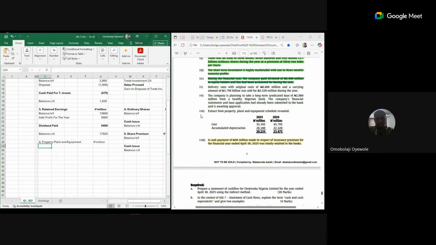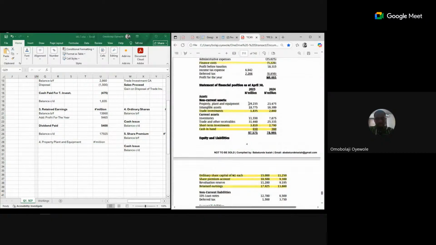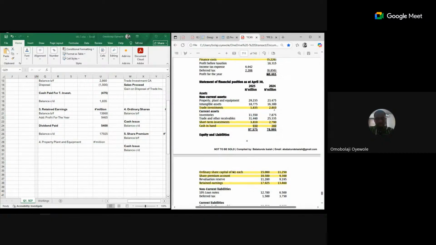Now, if you see what they did here, this is an extract from the PPE schedule, to tell us how this PPE was arrived at. So the opening balance of PPE is 23,475.